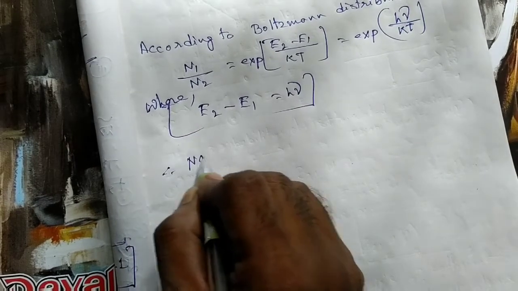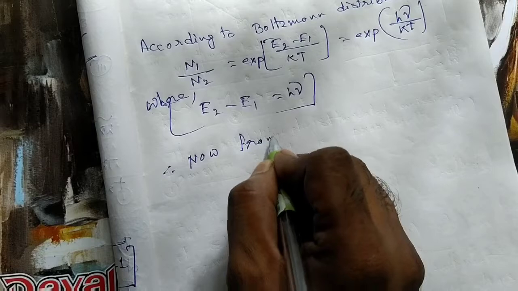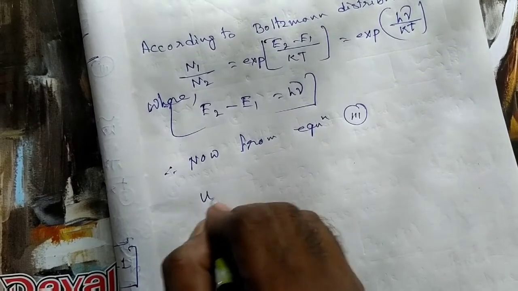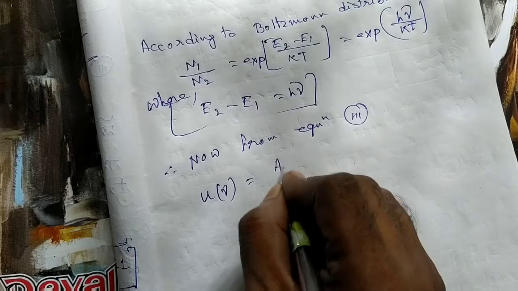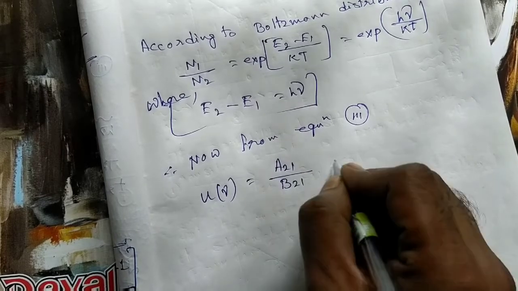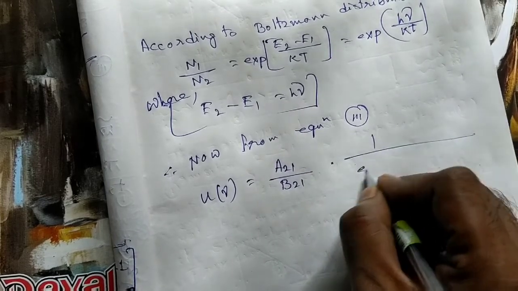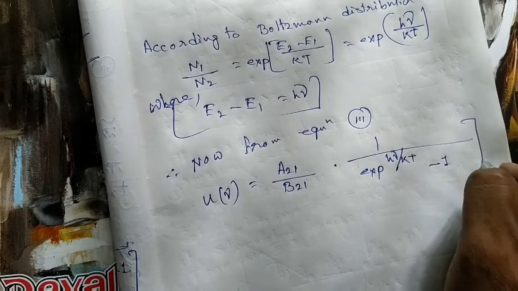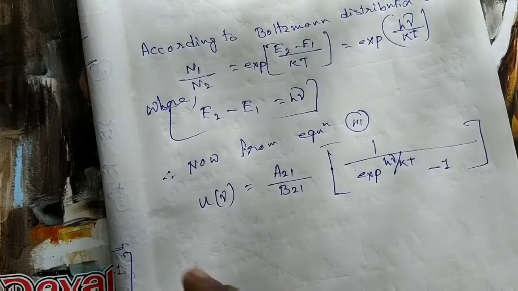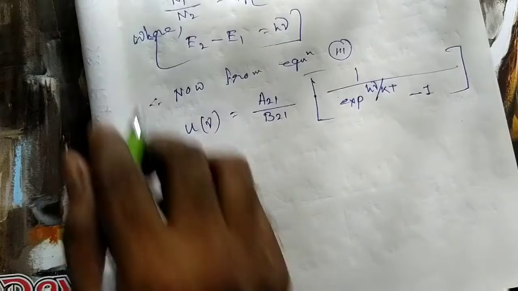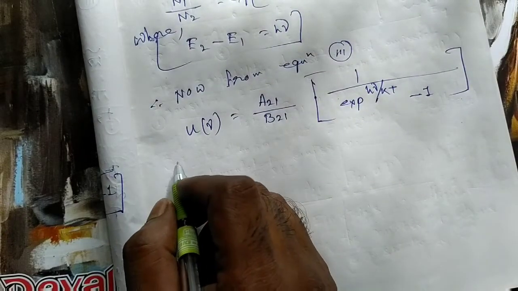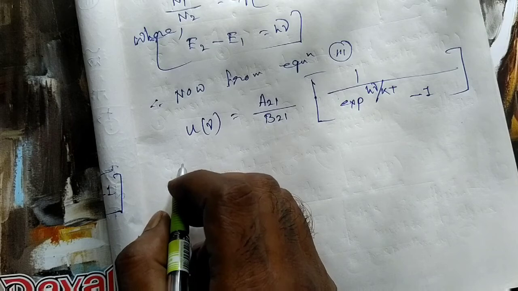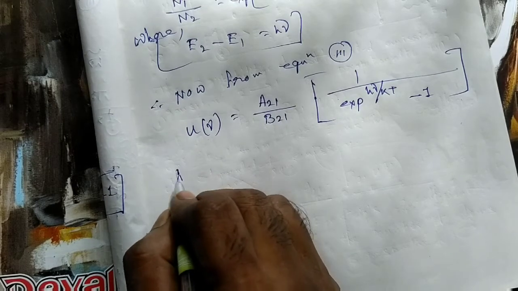Now from equation 3 we can rewrite that U nu is equal to A21 by B21 dot 1 by exponential of H nu by KT minus 1. We already set up this equation in the statistical chapter, the application of the B statistics.